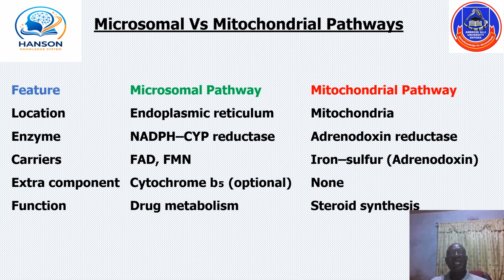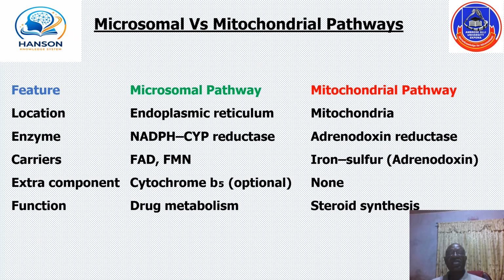The enzyme moiety for the microsomal pathway is NADPH cytochrome P450 reductase, while the mitochondrial is adrenodoxin reductase. The carrier for microsomal is FAD-FMN, while the carrier for the mitochondrial pathway is iron sulfur, that is adrenodoxin.